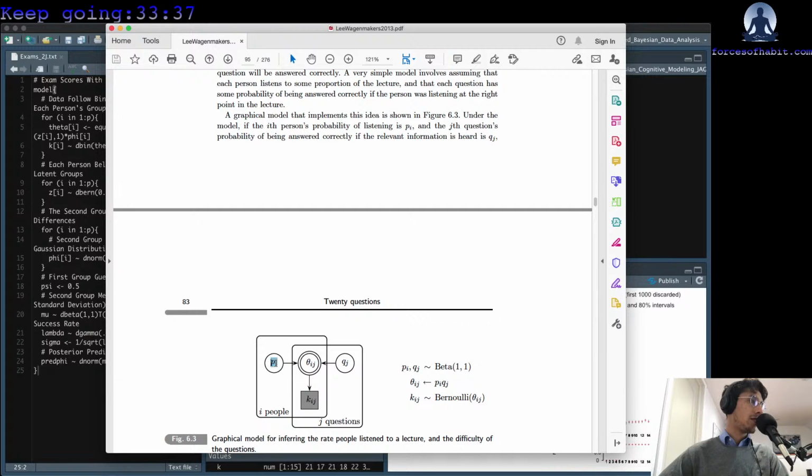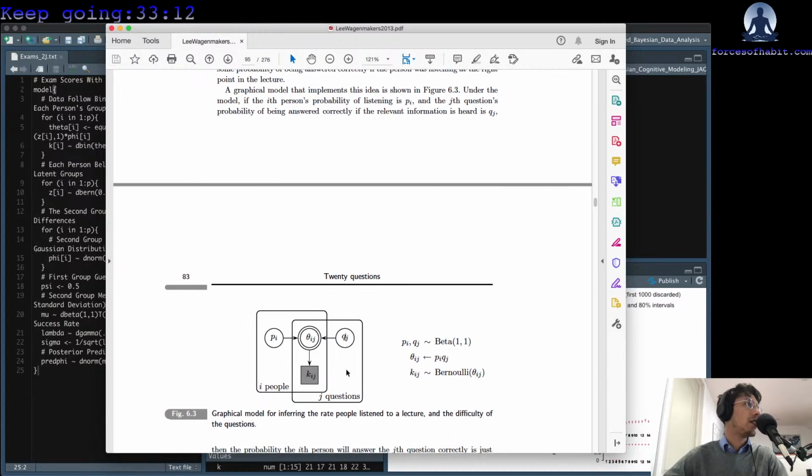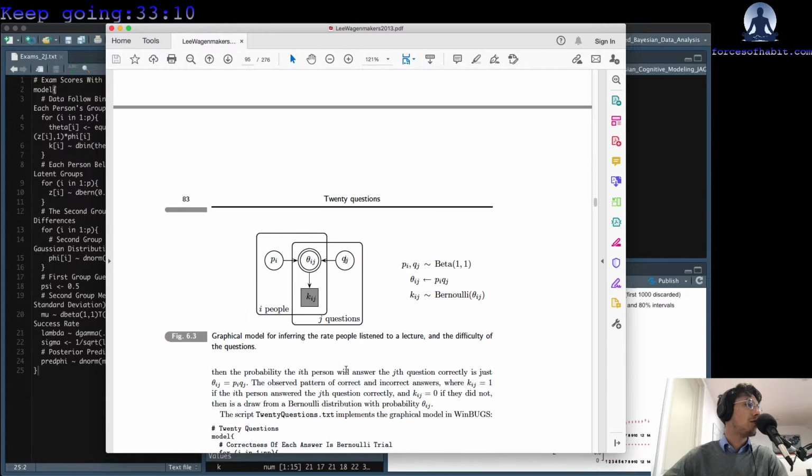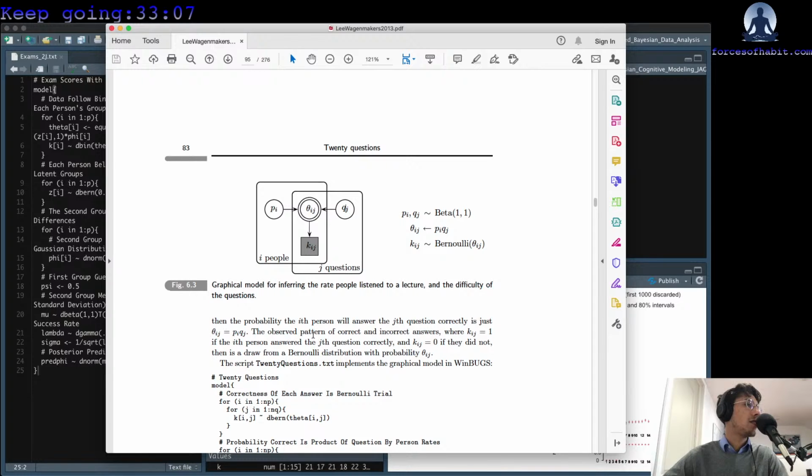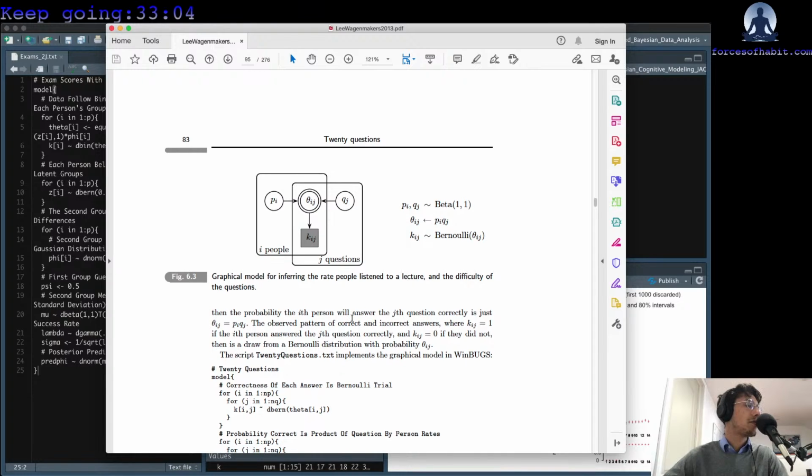So we're interpreting this as listening to the lecture, listening as reflected by the rate of success for a person. And then this is difficulty of question, q sub j. And then multiplying them together gives us the overall probability that a given person answered a given question correctly.